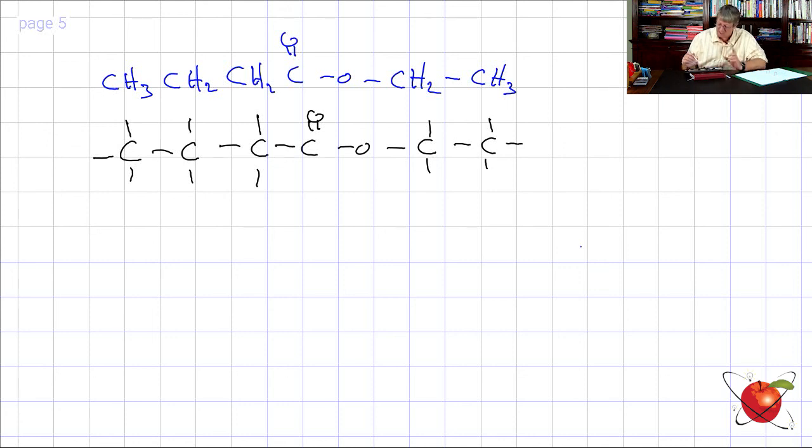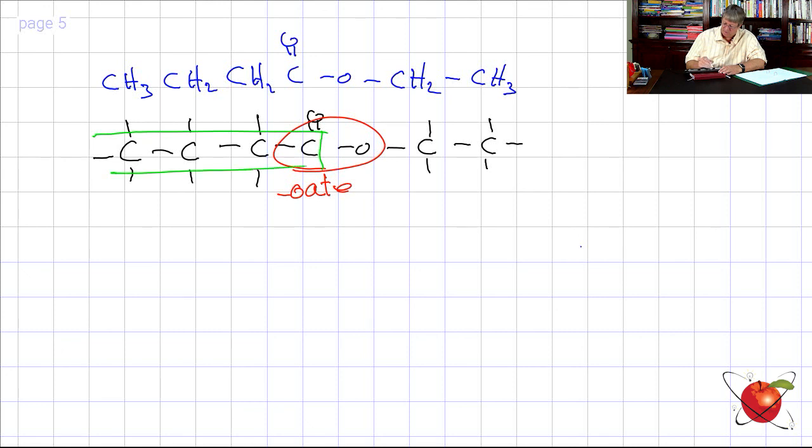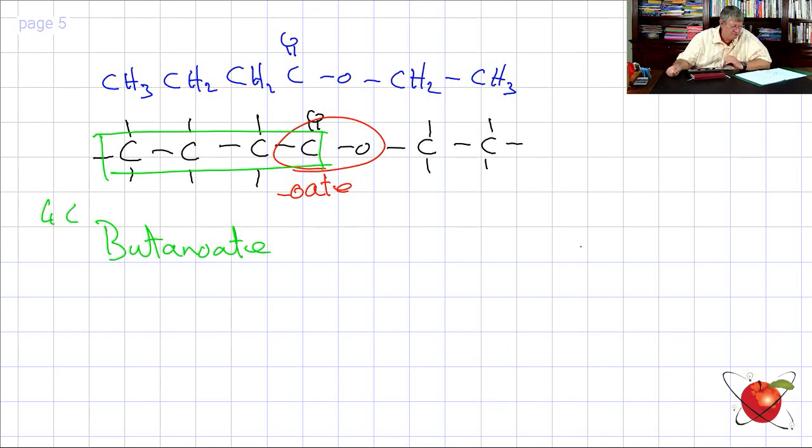Then I say, right, let me identify my group. There she is. This is an ester, so I already know it's an ester. Find my green chain. There it is. That's the orientation: 1, 2, 3, 4. 4 carbons, meth, eth, prop, but. So this is a butanoate. Let me just check.